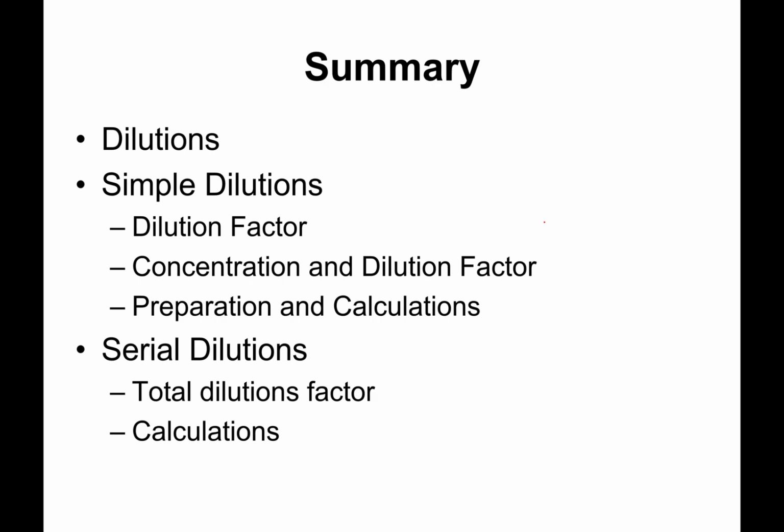We discussed also why you do them. So usually to increase accuracy, or if you need to quickly prepare multiple dilutions of the same solution. And then we went through some calculations to calculate the total dilution factor, but also how the final concentration is affected by all these multiple steps of dilution.